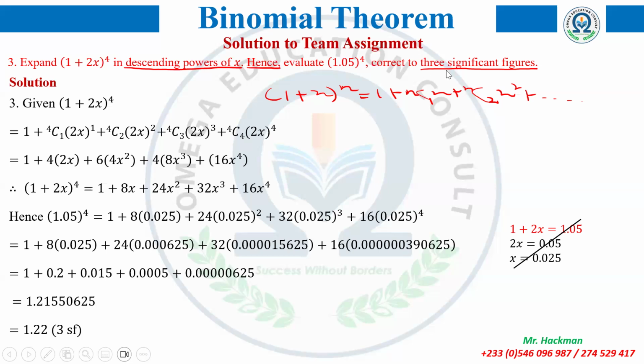So if you have underlined and you did that, at this point, you will know that the question required you to correct your final answer to 3 significant figures. So it will give you the opportunity to protect this particular mark or get the mark. So you are looking at 3 significant figures. Your first significant figure will be 1, your second will be 2, so your third, and you look at the next digits, and that is odd.